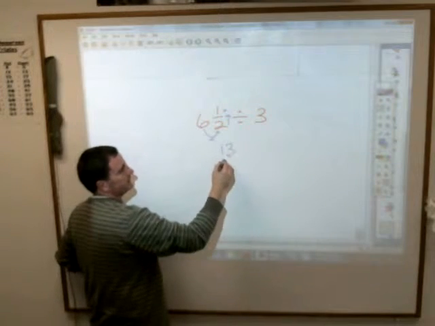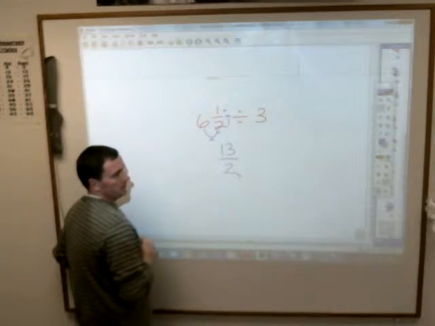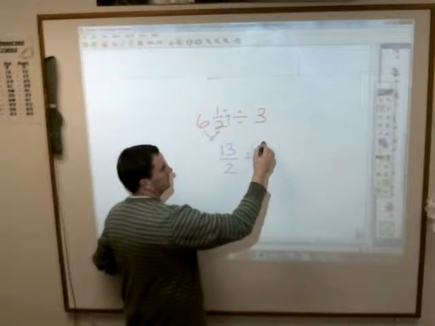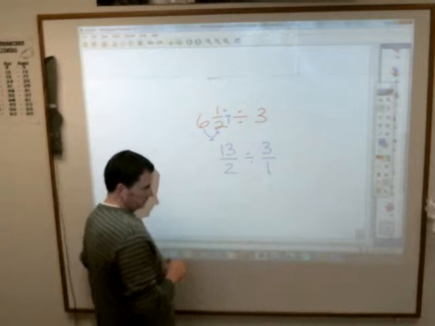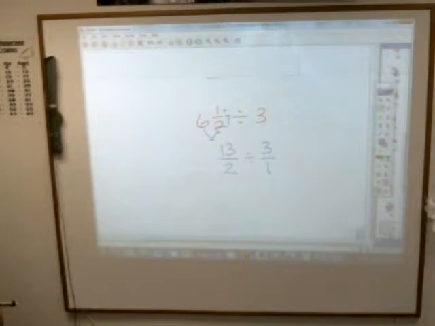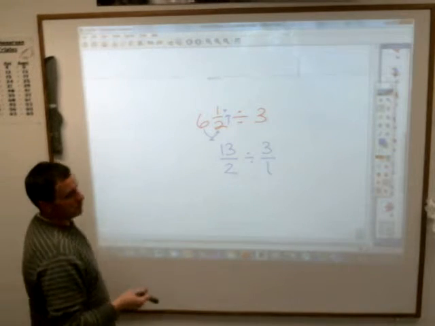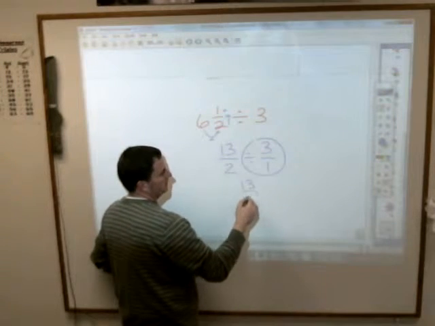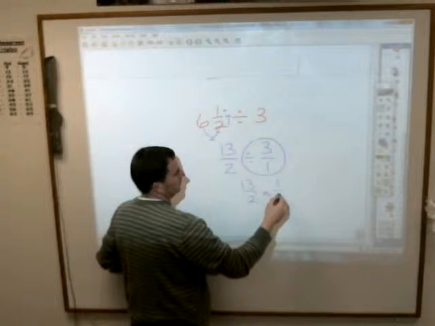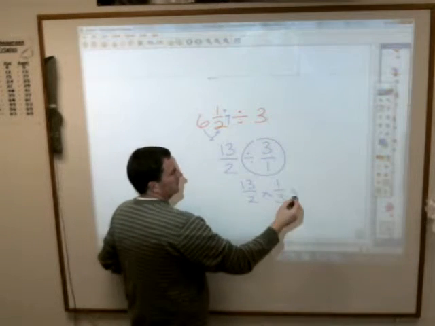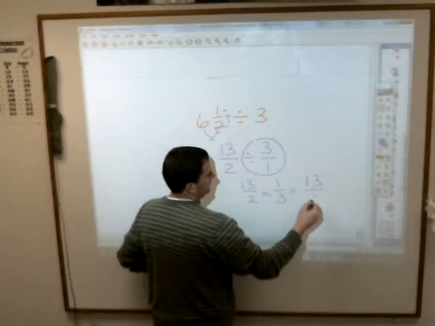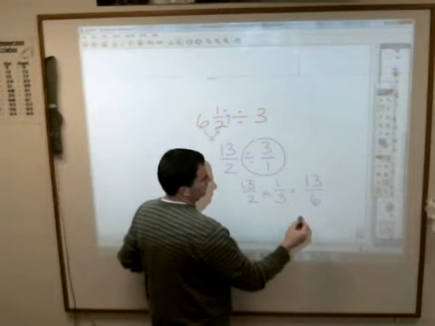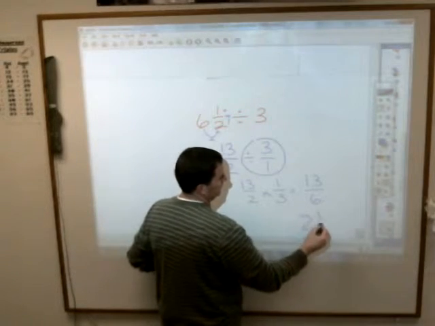It's 13 halves. And what does the number 3 become as a fraction? 3 over 1. Okay, now what do we have to do? Flip and multiply. 13 halves times 1/3. Which will give you 13 over 6, and unfortunately that's an improper fraction, which needs to be changed to 2 1/6.